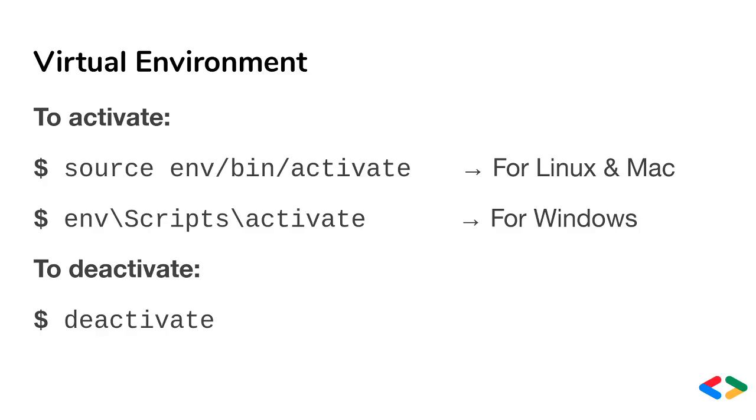This is for Linux and Mac, to activate the virtualenv. To activate the virtualenv in Windows, you need to type env/scripts/activate, and this env is nothing but whatever your virtual environment name is.